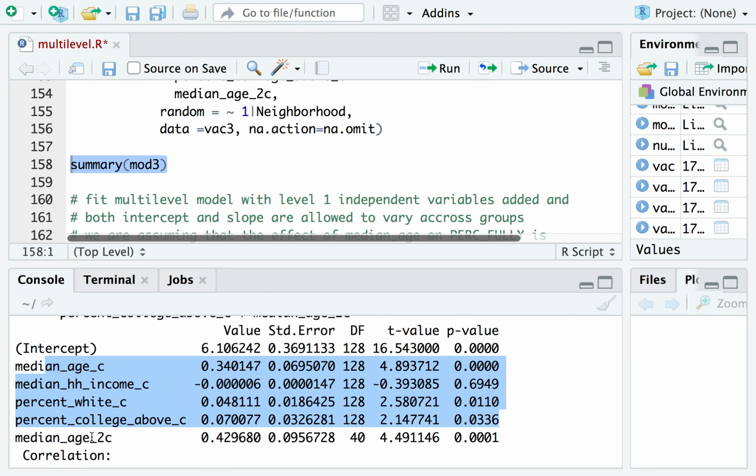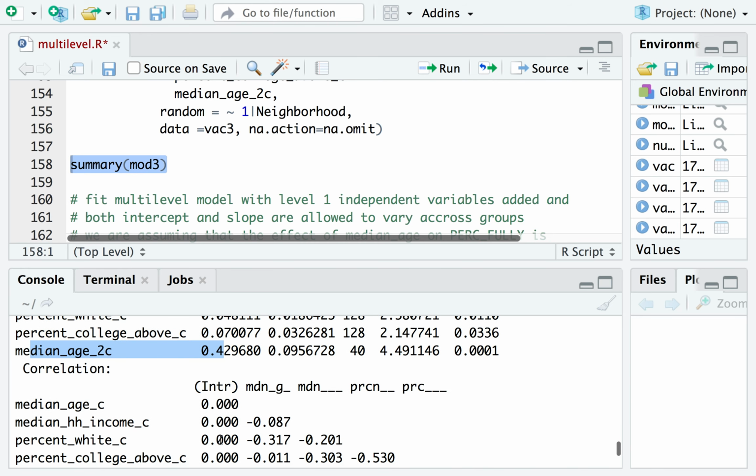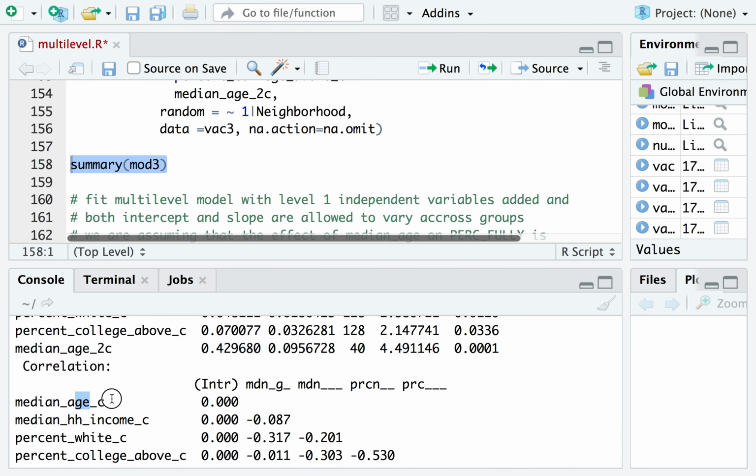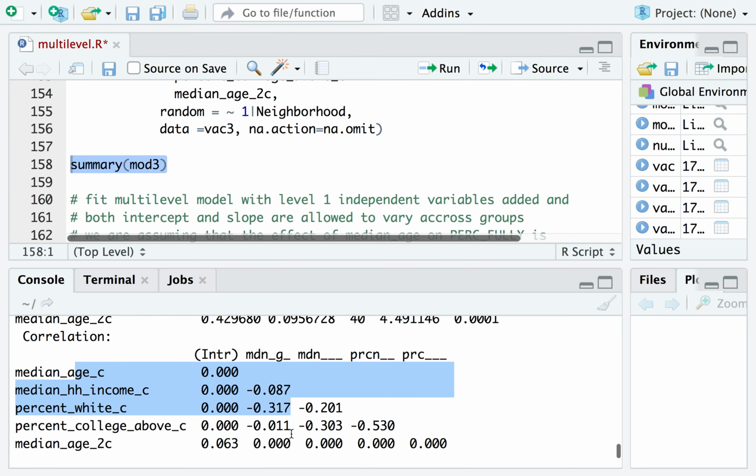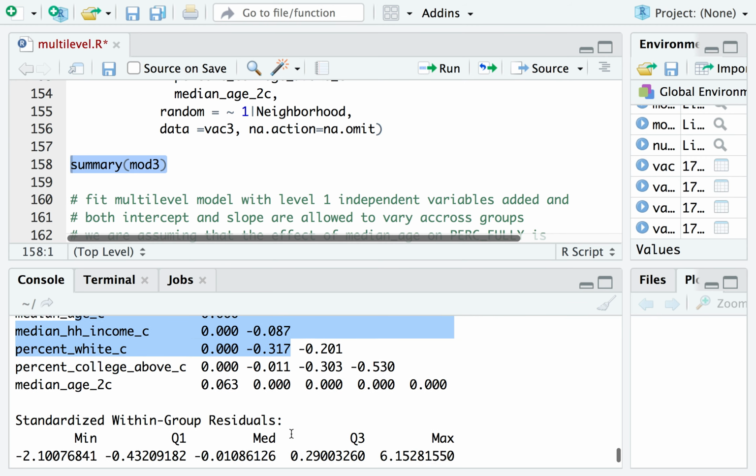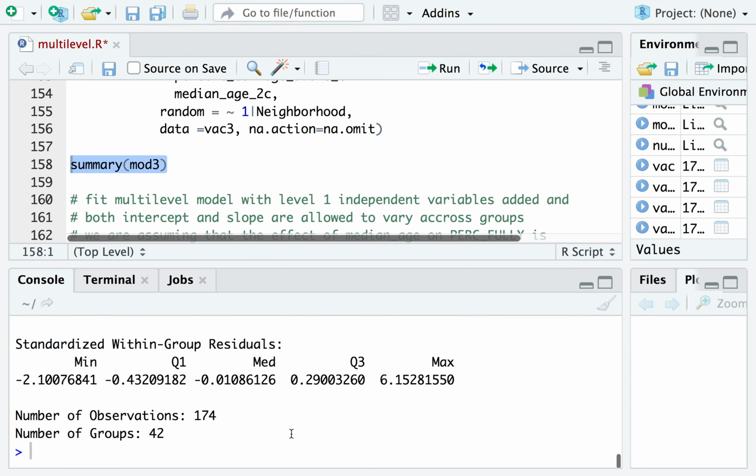So it's significant, but it's a significant impact on the neighborhood mean vaccination rate. And I forgot to go over this previously, it also gives you correlations across the intercepts and the variables you included. And this is the distribution of the actual standardized within group residuals.